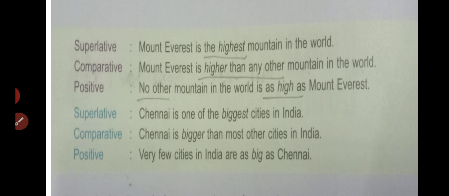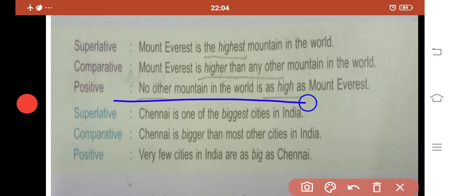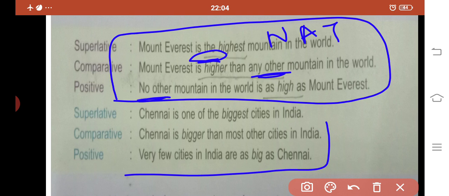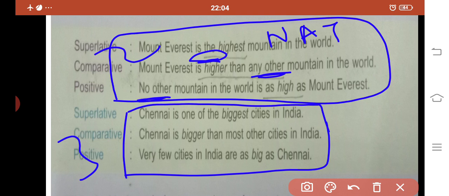Here we have a few more sentences. Here we took type 2. In type 2 we are using the NAT form. Here N for no other, A for any other, T for there. Okay. Here we have type 3. This is type 2; in type 3 we have the VMO method.